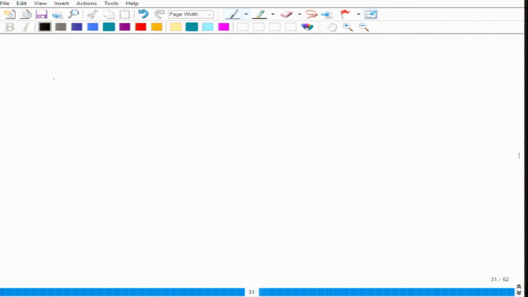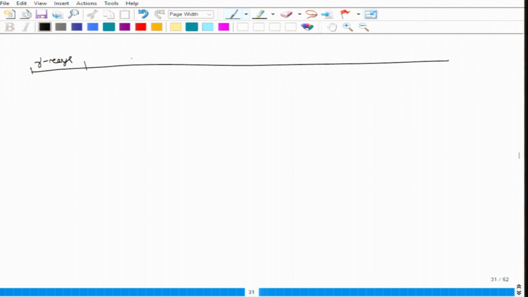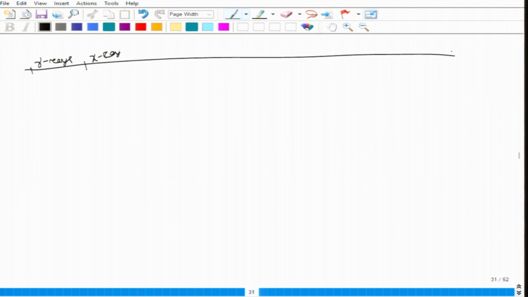So electromagnetic spectrum can be written like this. If we take a line, say these are gamma rays, then X-ray, UV, visible is a very narrow part, then IR, microwave and radio waves.